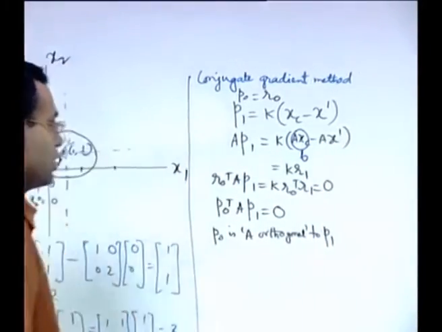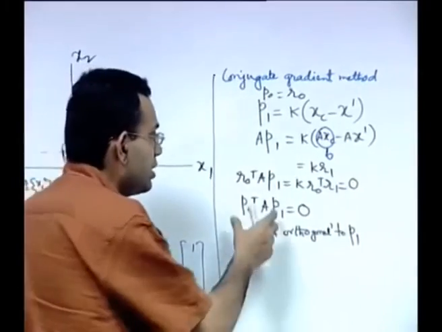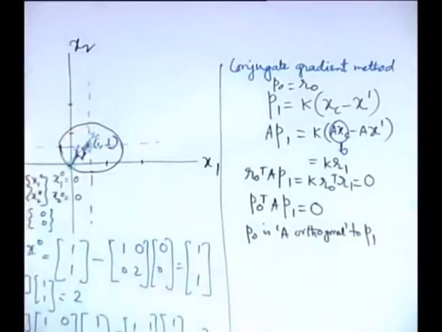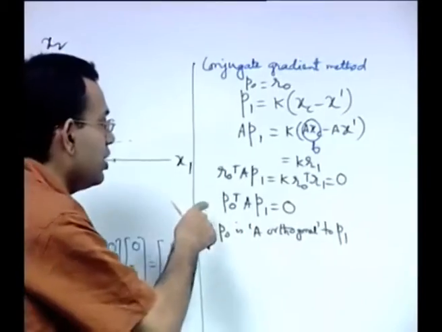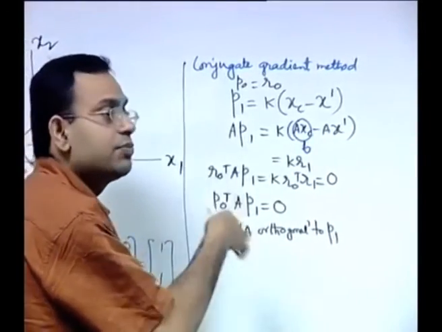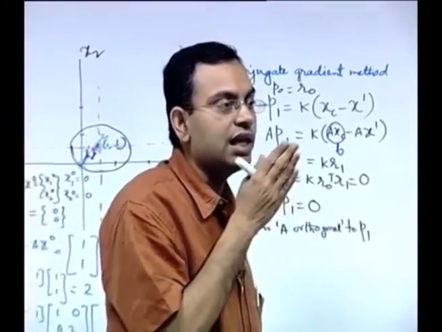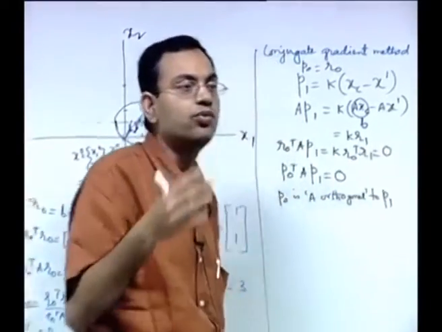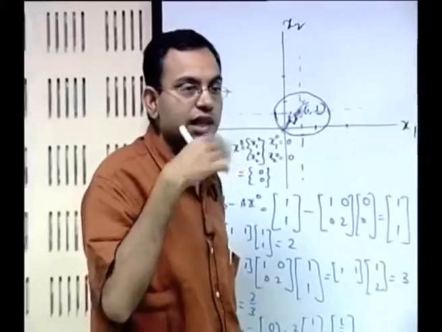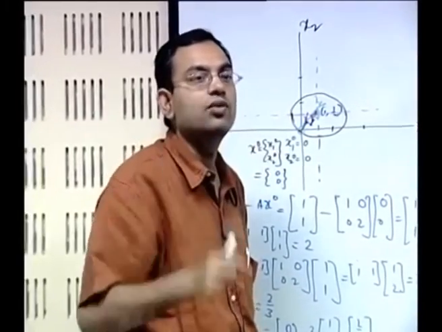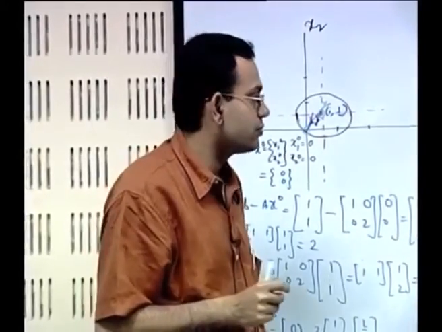Now, despite having a relationship between p0 and p1, this alone does not give you any clue of what p1 is, because that is essentially your interest, what is the next direction in which you are interested to move. Once you reach x1, from x1 in what direction you are interested to move.